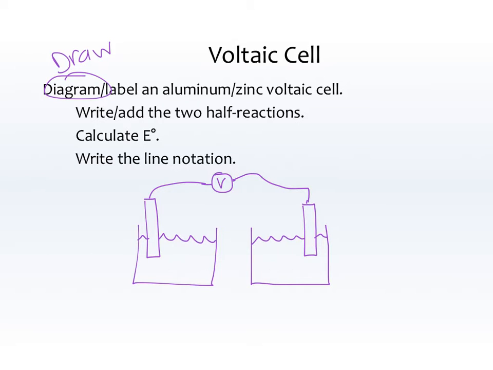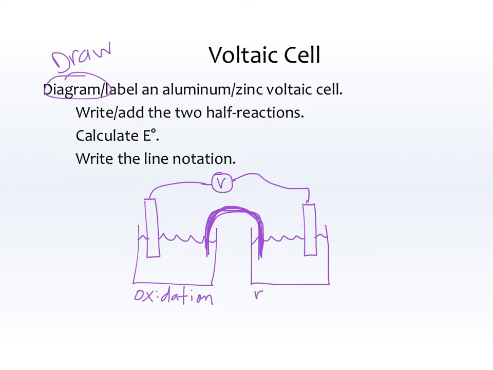Also, to make this a good circuit, it needs to be complete, so we're going to add a salt bridge in there. So this is a salt bridge. Then on the left-hand side, typically I'll put oxidation, but the oxidation does not have to be on the left.